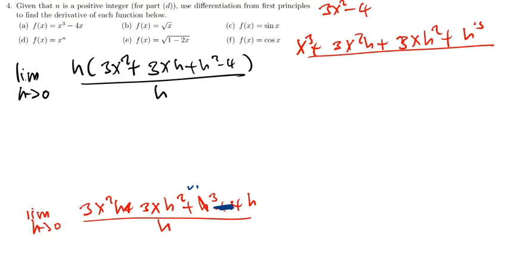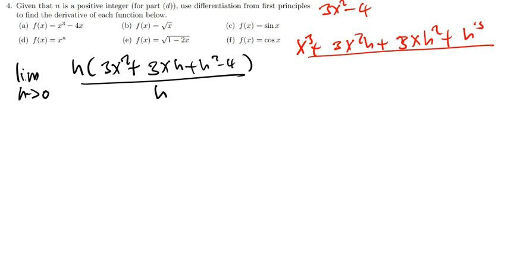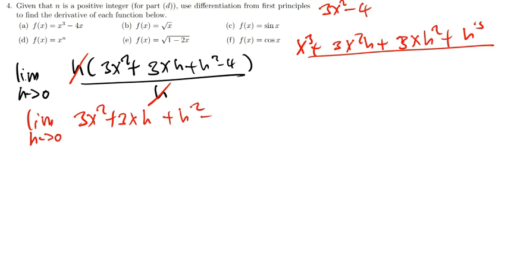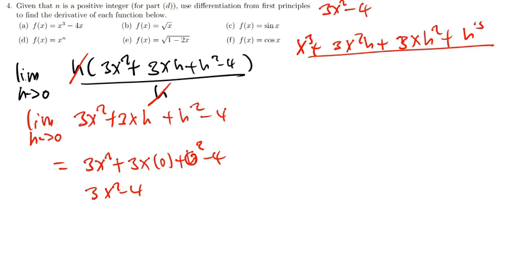Yes. So these will cancel. I have limit h is approaching 0 of 3x squared plus 3xh plus h squared minus 4. We plug in the values, it will be like that. 0 squared minus 4. So it will be 3x squared minus 4, of which that's the answer we found here.